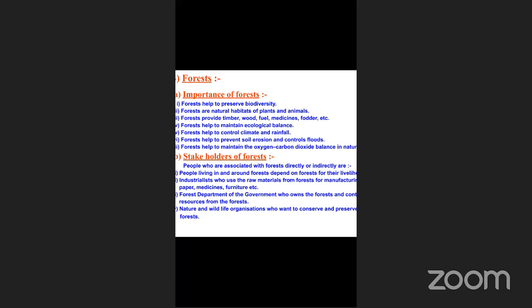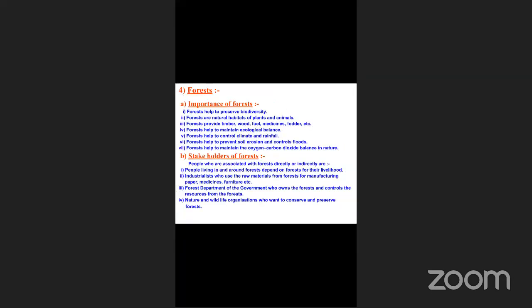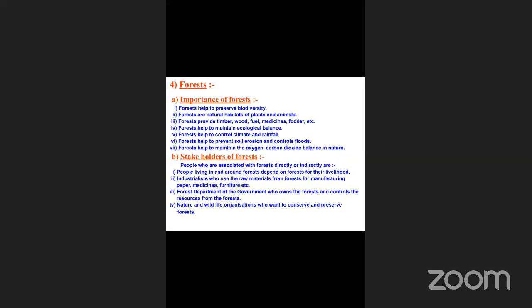So who are the stakeholders? Again, we will see. The people who are associated with forest directly or indirectly, people living in and around the forest and depending upon that forest for their livelihood, such people we call stakeholders of forest.